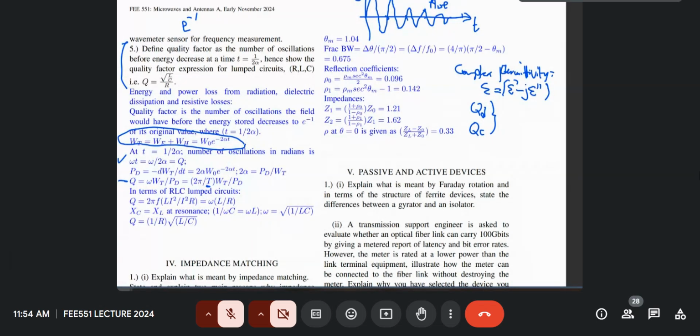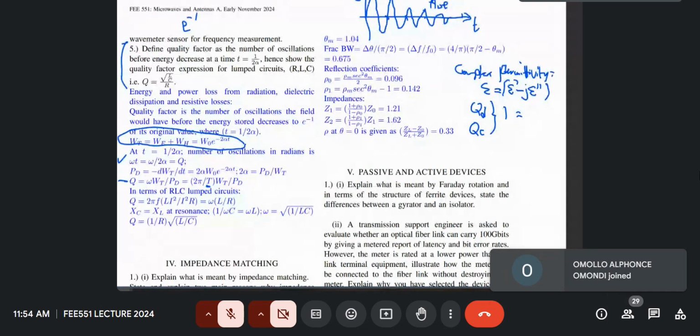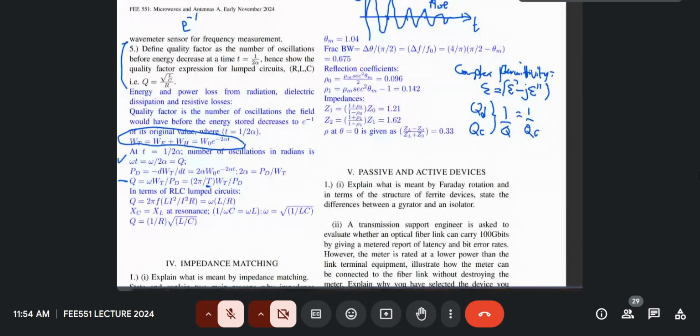So we have the total Q as, actually we just write it straight away. One over total Q is 1 over Q due to C plus 1 over Q due to D.